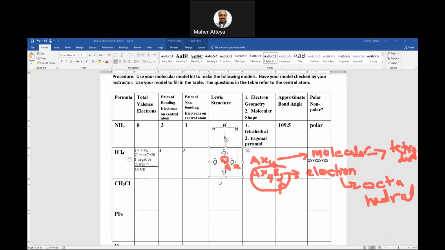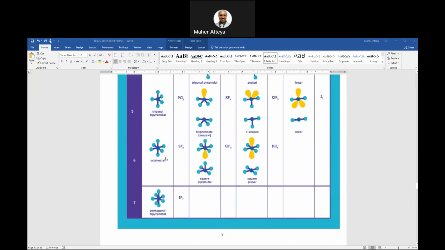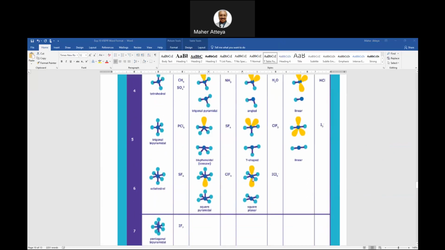So come back and look. We say one is tetrahedral, that's the molecular. One octahedral, that's the electron. So let's see here, octahedral, we have 2. This is the one you are looking for, correct?